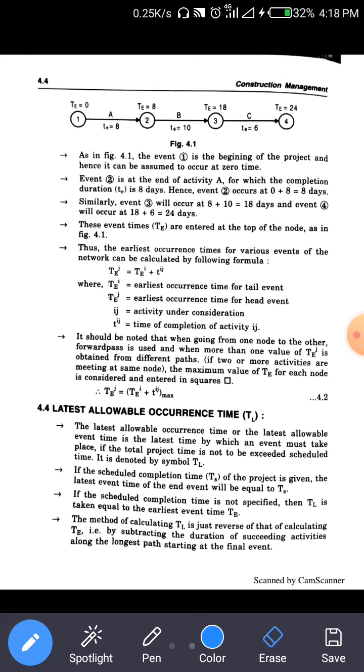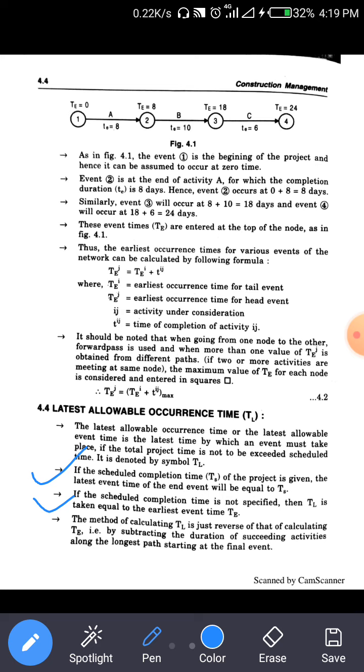If the schedule completion time TS of the project is given, the latest event time of the end event will be equal to TS, and if the schedule completion time is not specified, then TL is taken equal to the earliest time. Here these two important lines are given for finding the TL value.